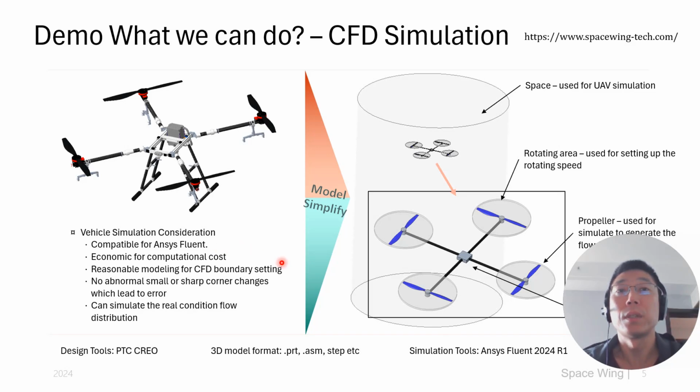So for the simulation tool version, we will use ANSYS Fluent 2024 revision 1. And also, if we use the right model, it will be economical for the computational cost.